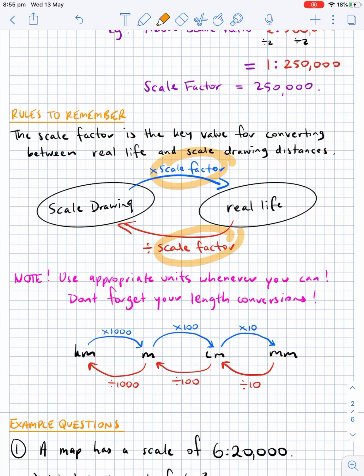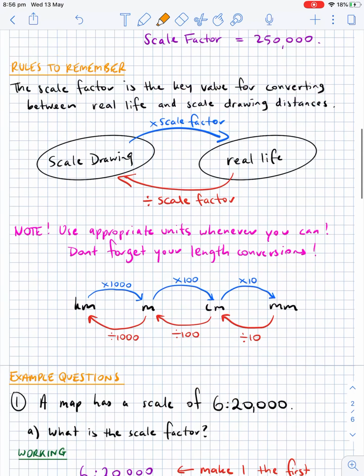If you want to go from the scale drawing to a real life distance, scale drawing to real life, you want to multiply by the scale factor, whatever number it is. And if you want to go from a real life length to a scale drawing length, you want to be dividing by whatever the scale factor is. So a really important concept. When do you multiply? When do you divide? Really important to remember. Okay.